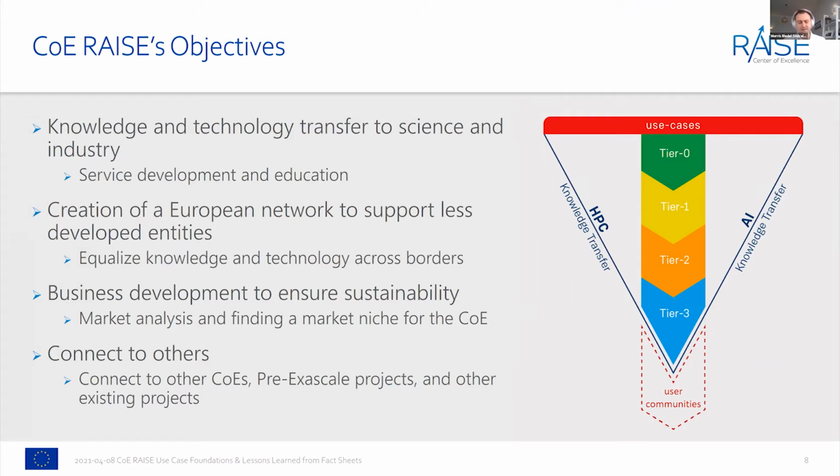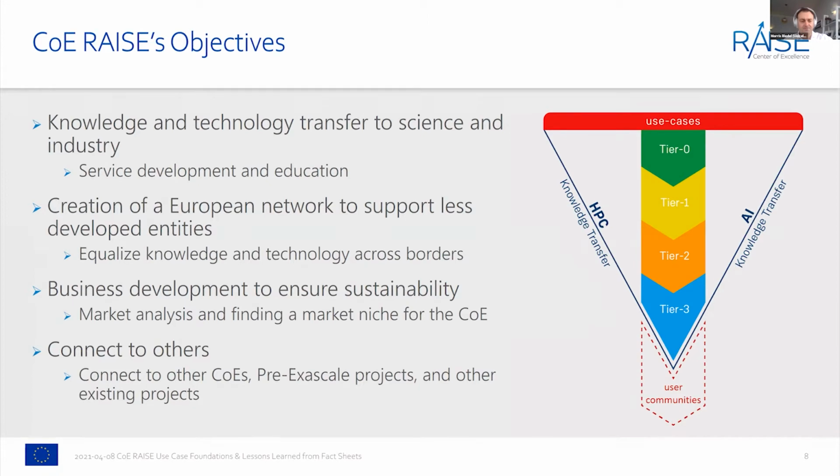Then we do not neglect the fact that from the EuroCC and EuroHPC endeavors we want to engage much more with business and industry, involving them in HPC more than we have perhaps done in the past, where more science was driving these activities. So this is something where we also think about sustainability models in the project, and of course connect to other centers of excellence. We know we're not alone. There are a lot of them outside that we collaborate with and plan to collaborate with in the next couple of years.